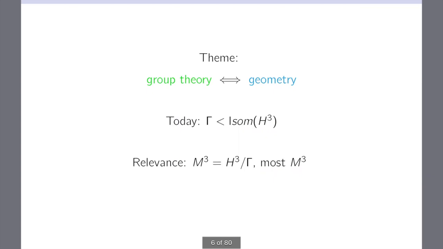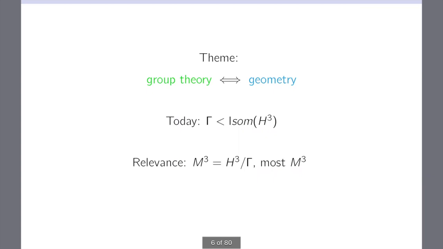You're familiar with the isometries of the Euclidean plane: rotations, translations, reflections. Except today we won't be considering reflections. Those are orientation reversing, and we're going to be looking at manifolds which are orientable. In other words, we don't want reflections in our isometry group, so we'll be looking at the orientation preserving ones.